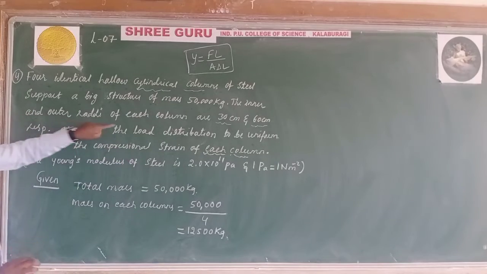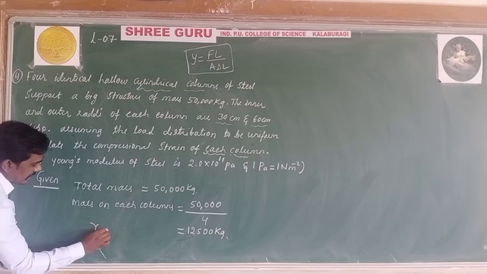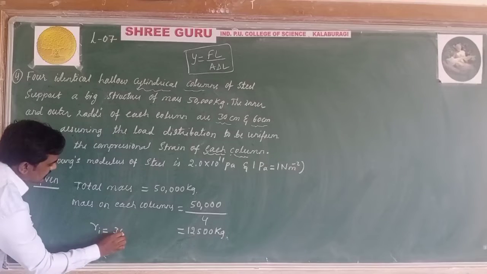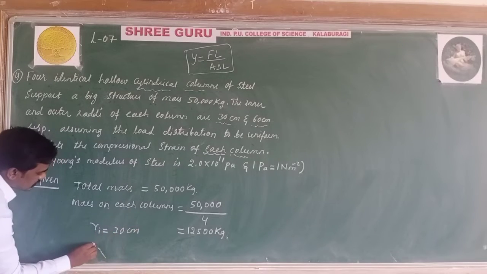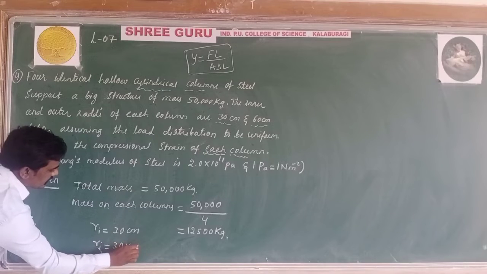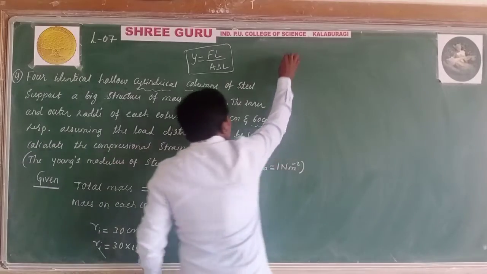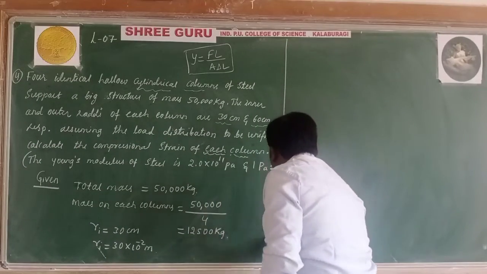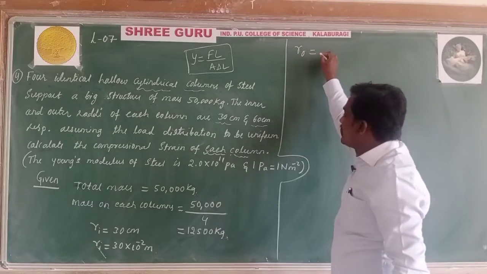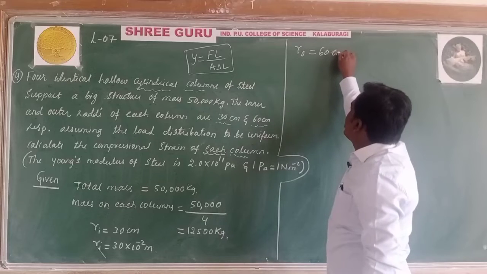Then the inner radius and outer radius. Inner radius, Ri, you should write, is 30 centimeter. Or we can also write Ri equal to 30 into 10 raised to minus 2 meter. And the outer radius, Ro, is equal to 60 centimeter.